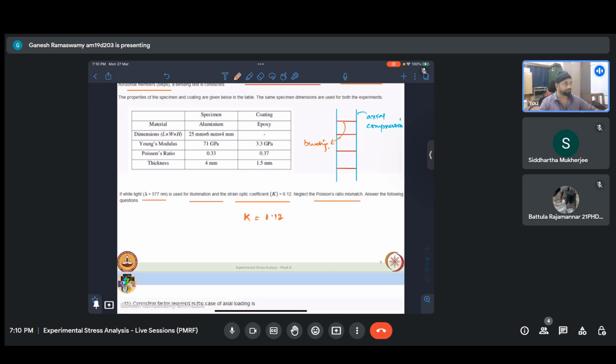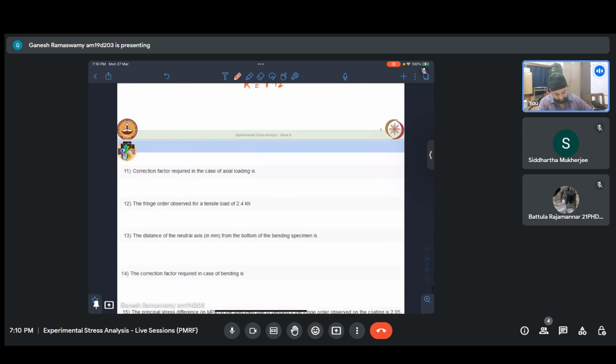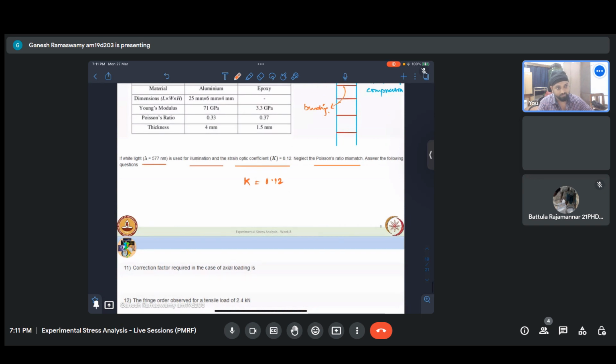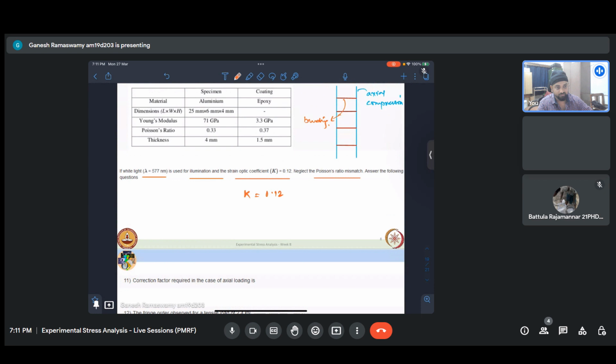So the first part says the correction factor required in the case of axial loading is, so we'll just populate the data first. Whatever the given data is, it says the specimen thickness is 4 mm and the coating thickness is 1.5 mm.